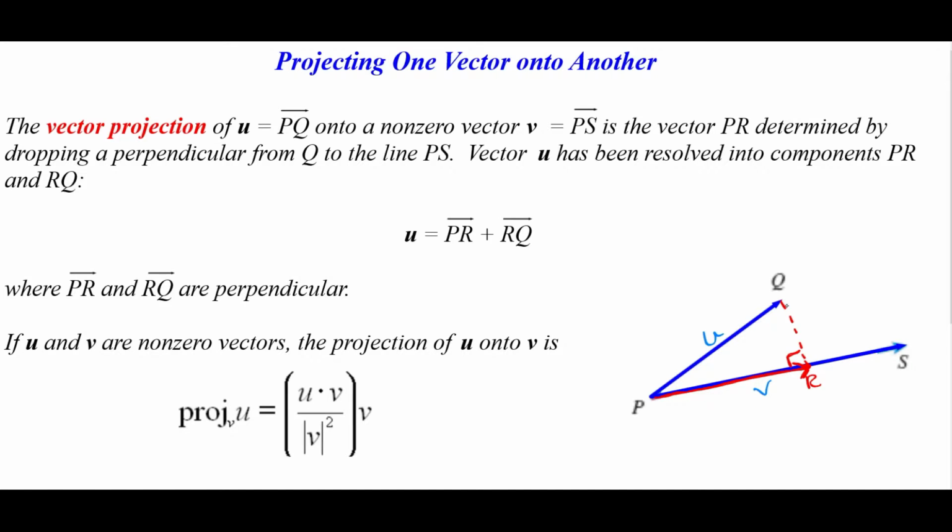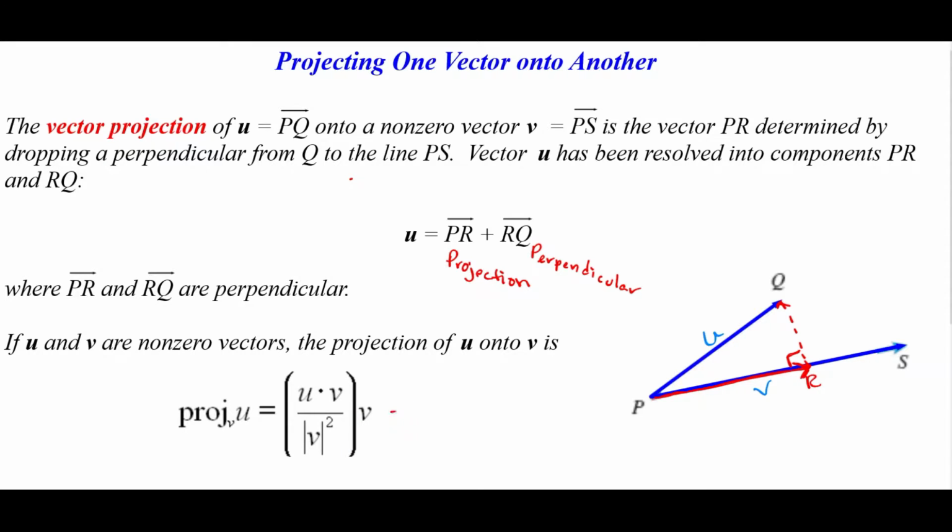And then I also have this vector here, RQ. And so we've resolved vector u into these two components, and these are perpendicular components. So now I know that vector u equals the projection vector, which is PR, and the perpendicular vector RQ. My formula for the projection vector is u dot v over the magnitude of v squared times v.